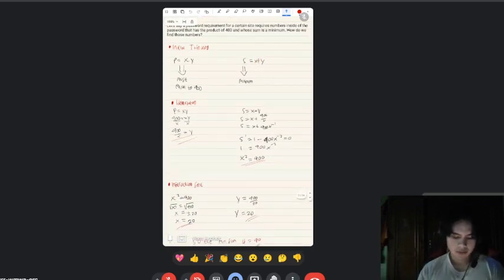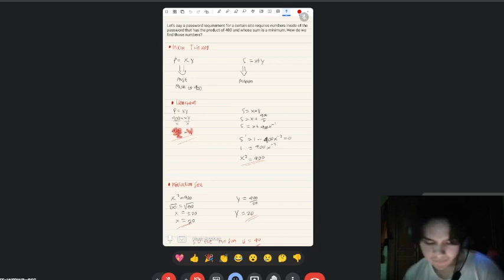And we can move on to the idealization. So P equals x times y, 400. We can get y by dividing P on both sides, so y equals 400 divided by x.